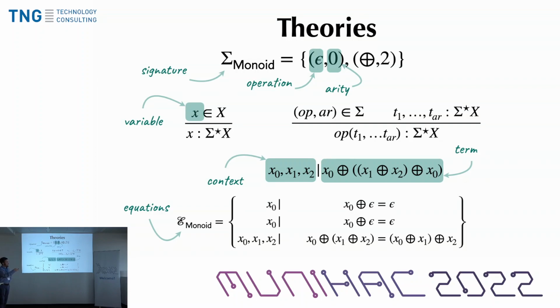And this thing over here says, if you have some operation with its arity, so that's something like plus and 2 inside your signature, and suppose you've got T1 through TR, which is the arity of the operation terms, which are tree things, then you can form an operation with those as its parameters, and that belongs to your tree as well. So this is just really fancy notation for the op constructor, okay? So there's nothing to be afraid of here.